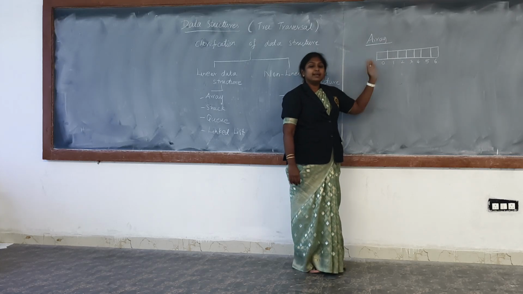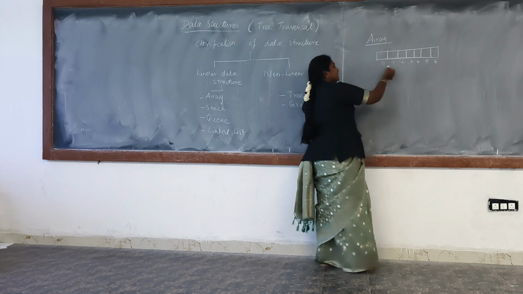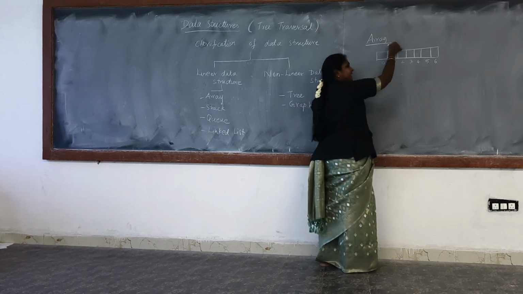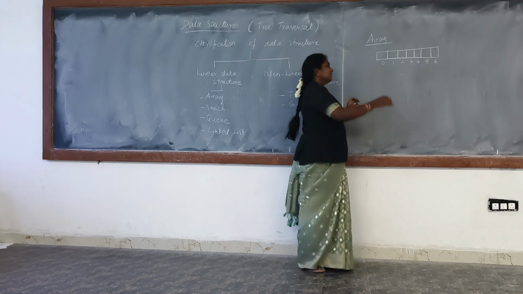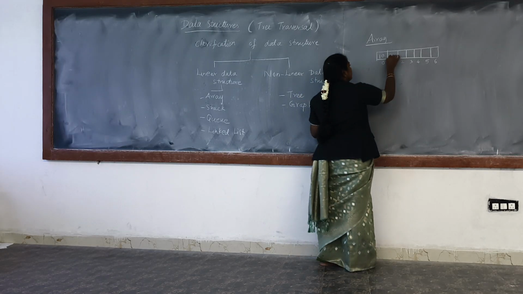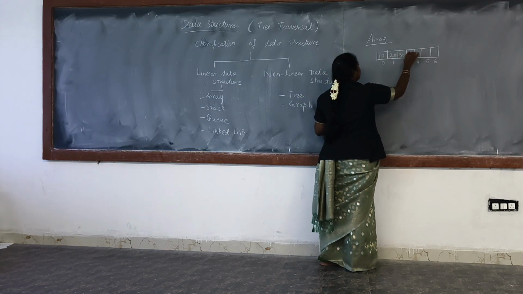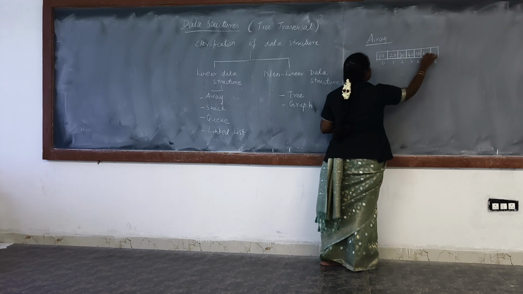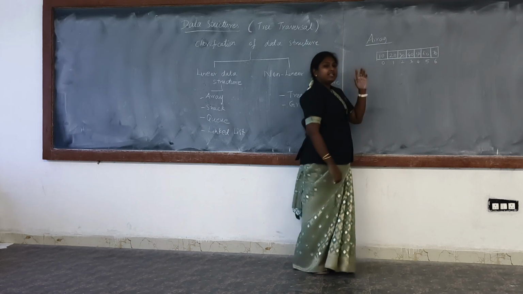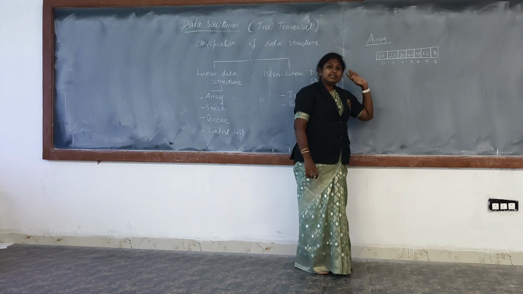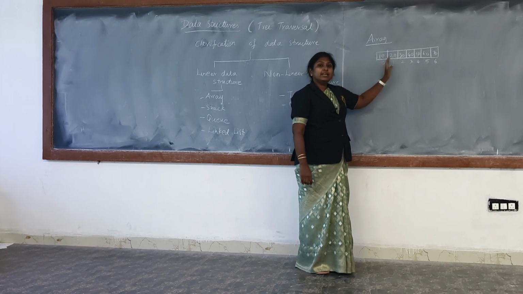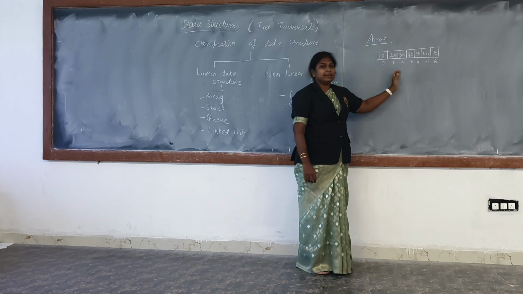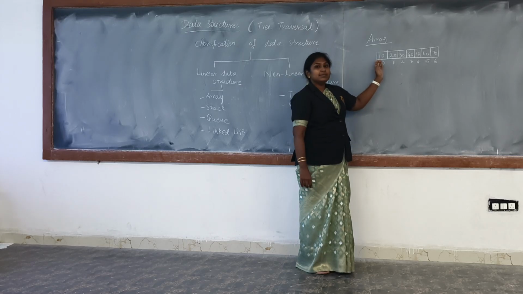So this is called an array data structure, and now you can store elements inside each index. I can store 10, 20, 30, 40, 50, 60 and 70. Array is a linear data structure which stores elements of a similar data type.